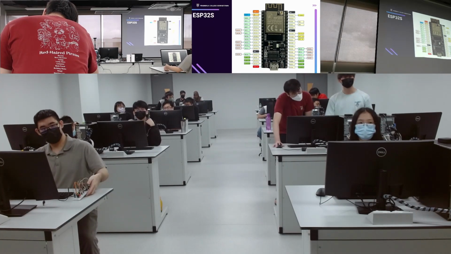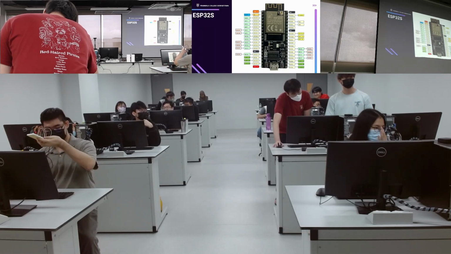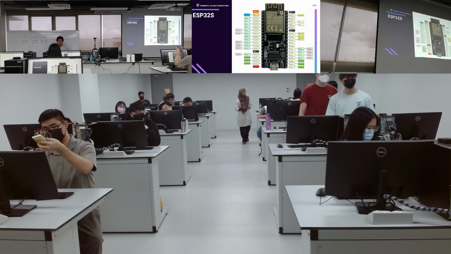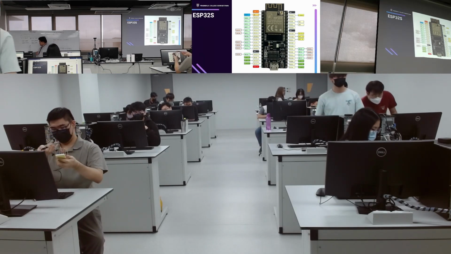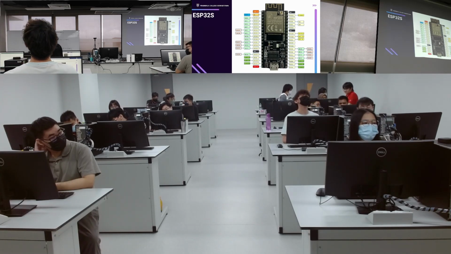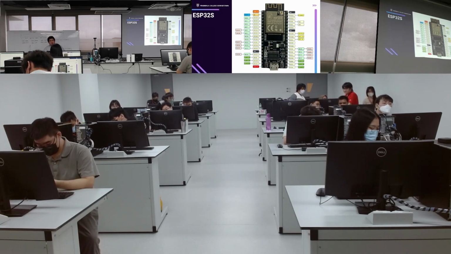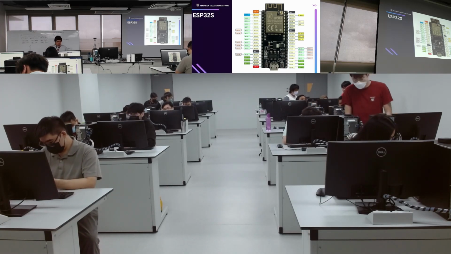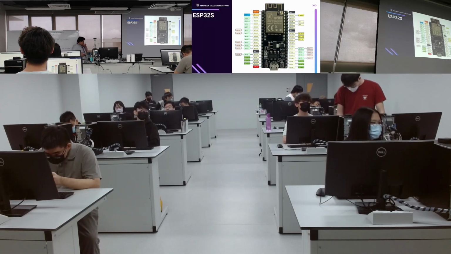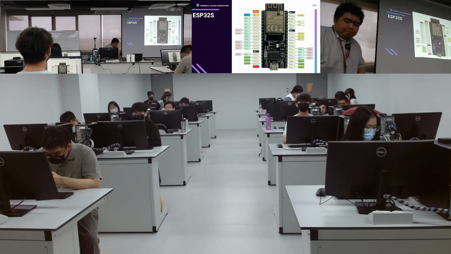Right. If you see the sensor, it has 4 pins, right? And this one is A0, this one is D0. Choose A0. We want analog. Okay? We only use one.